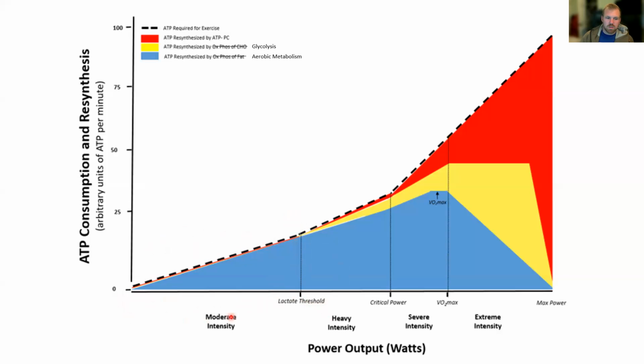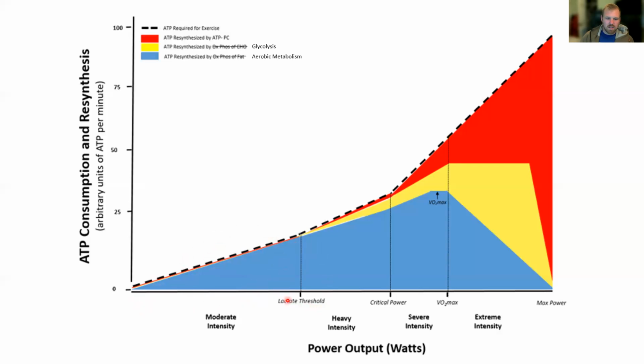You also notice that there's still a little bit of glycolysis and phosphocreatine use in this. If you go to stand up, your body might recruit a little bit of that, but it's a small sliver. That's just a reminder that all 3 are always going at all times.